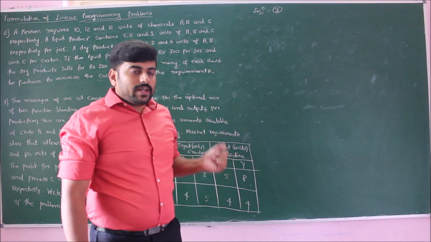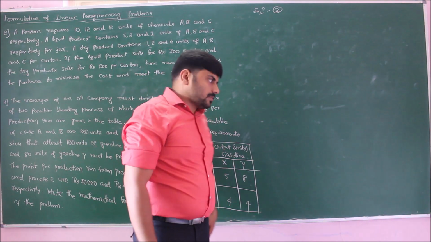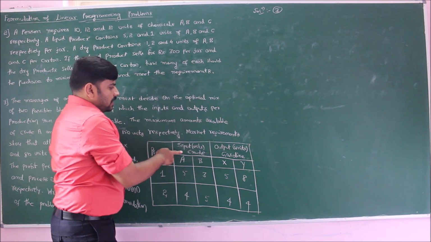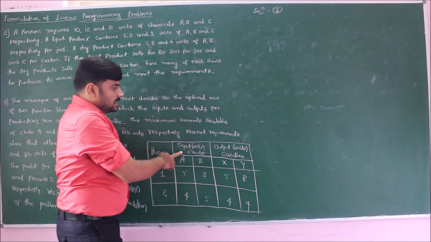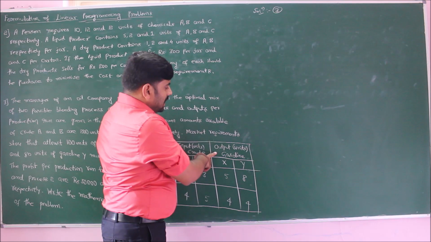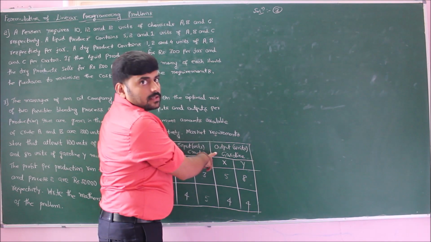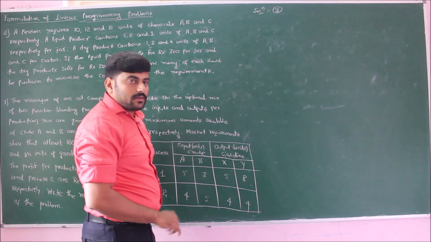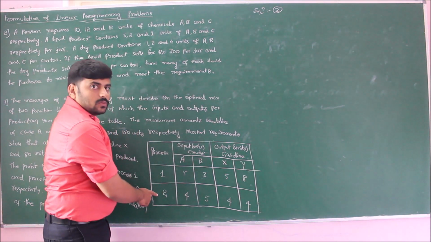Now, if I observe problem number 3, he is neither purchasing crude oil nor selling the crude oil. He is neither purchasing the gasoline nor selling the gasoline. But he is making the profit from process 1 and 2.